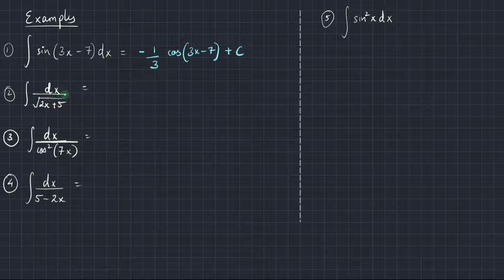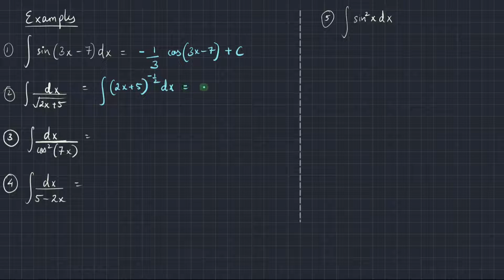Now for the next one, I'm going to rewrite this to make it easier to understand. This is the integral of 2x plus 5 to the power of negative half dx. And here we are just going to apply the power rule, but we have to divide by 2 because the coefficient of x is 2.